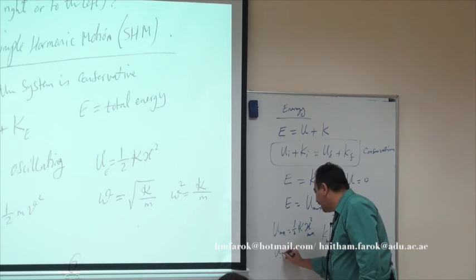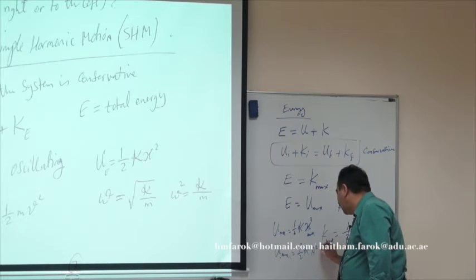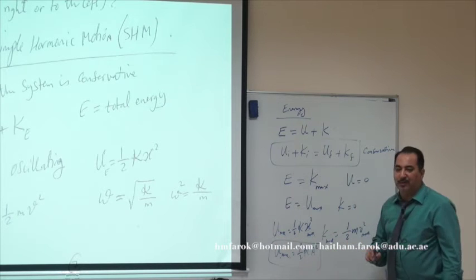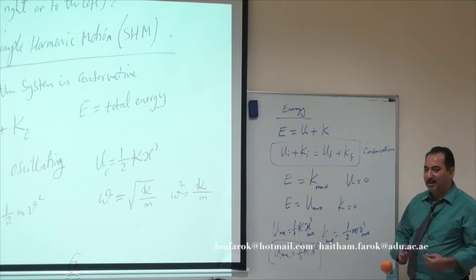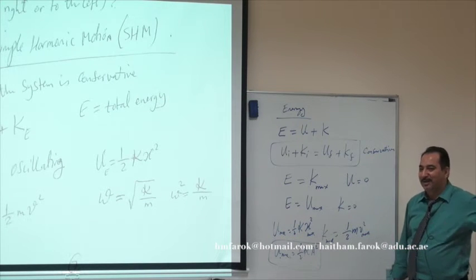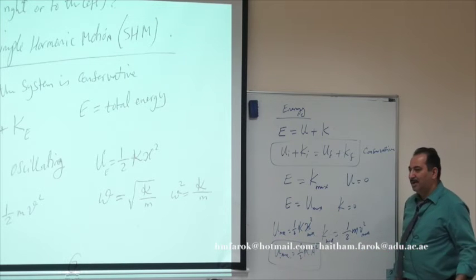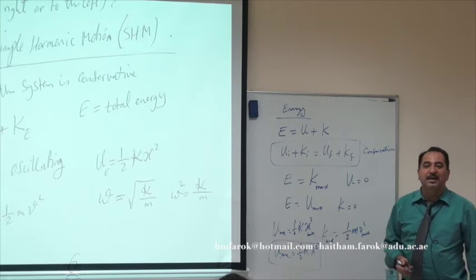So what is U max? Half kappa A squared. U max equals what? So what is E equal to?